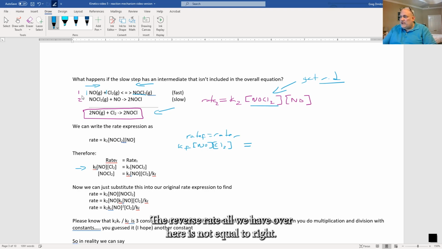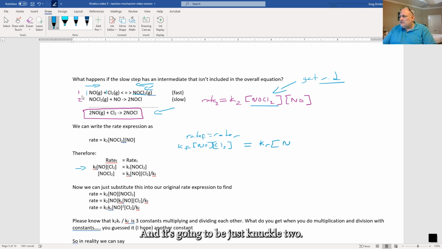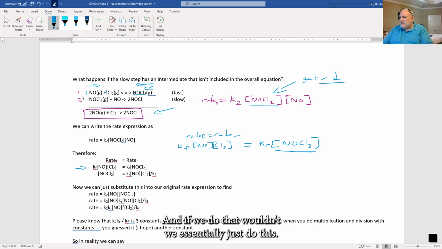The reverse rate, all we have over here is NOCl2. So we're going to call it K reverse. It does not matter what we call our K's here. K reverse, and it's going to be just NOCl2. Now, why is that a big deal? Well, couldn't we rearrange to get NOCl2 by itself? Couldn't we divide both sides by this Kr right here?